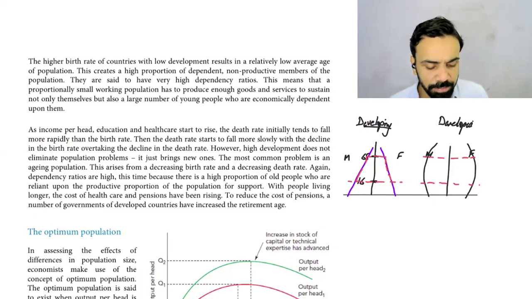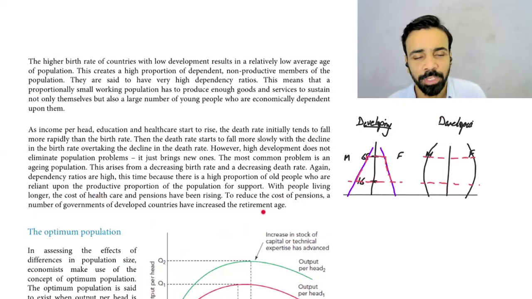Because of that, a different problem comes up, which is an aging population problem. And then you have to pay these people pensions and a lot of healthcare costs. Then you might have to increase the retirement age or you might have to tax the working age population a lot. Okay, so that is one of our discussions.